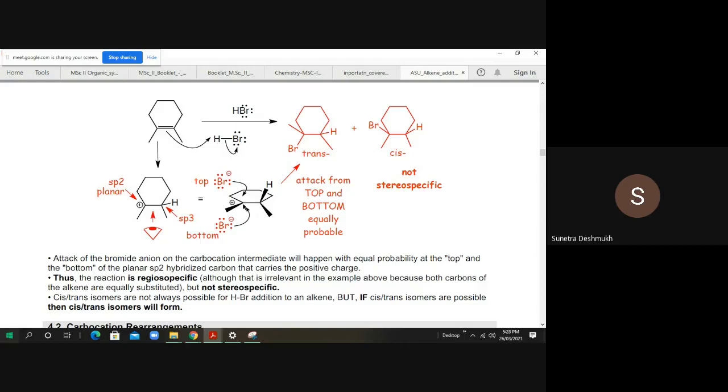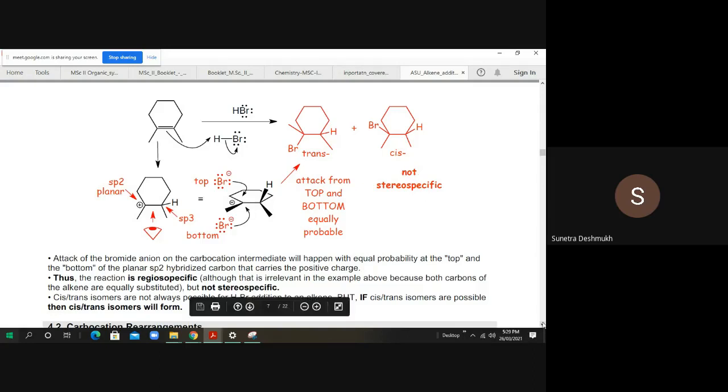Because the carbocation is positively charged and planar, the nucleophile can attack from either face of the carbocation. So here Br minus will attack from the top face and from the bottom face, and in that way we will get two different products, trans and cis. As we get two different products, the reaction is not stereospecific.